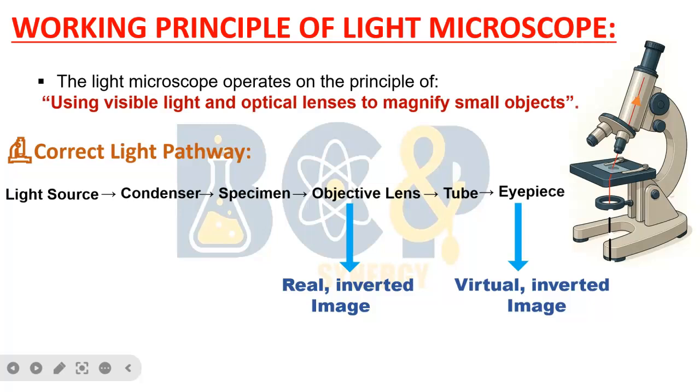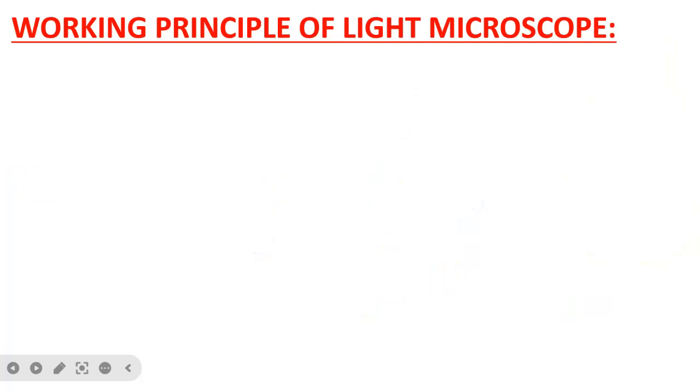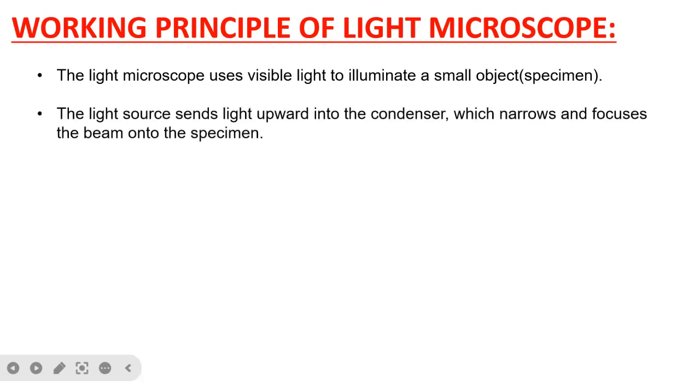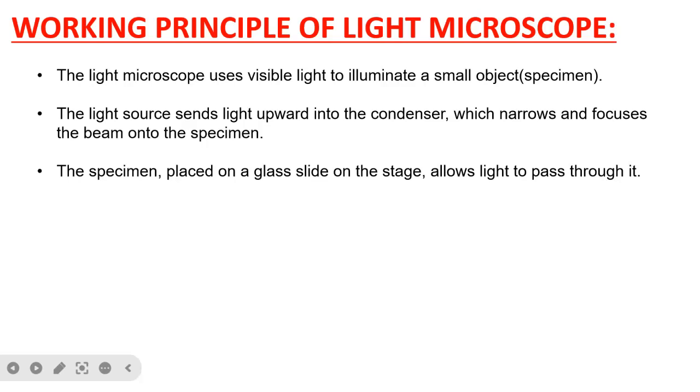Now how can we elaborate the working of light microscope? Firstly, a light microscope uses visible light to illuminate a small object that is called specimen. This light source sends light upward into the condenser, which is narrowed and focused onto the specimen. The specimen is placed on a glass slide on the stage, and it allows light to pass through it.